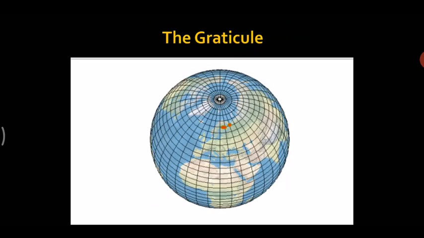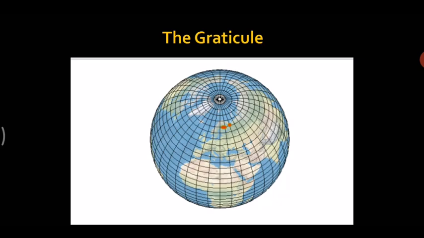That is the graticule. Now, what is a graticule? The net formed by parallels of latitudes and the meridians of longitude. All these lines together are known as the graticule. The graticule helps in determining the location of a place on the earth, and every point on this grid is one location.